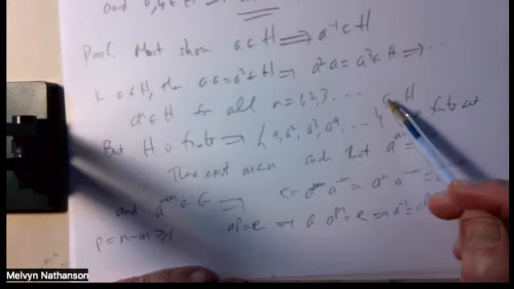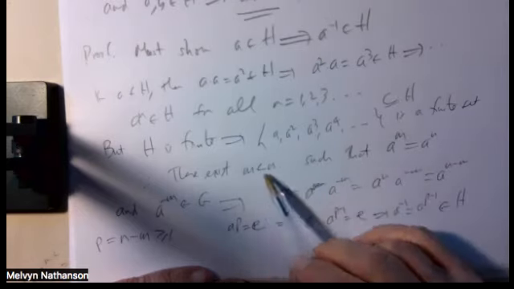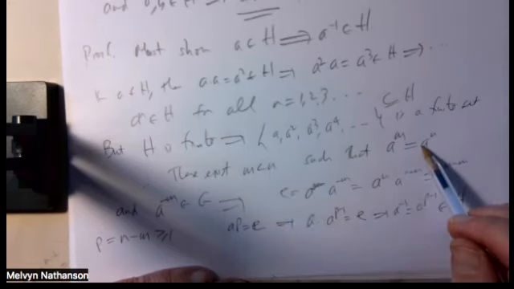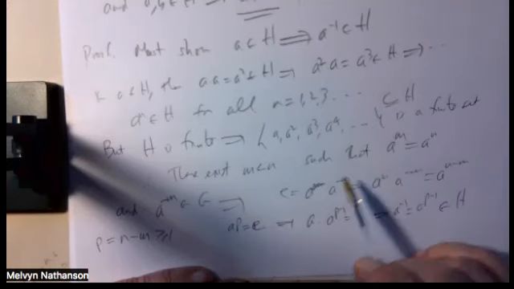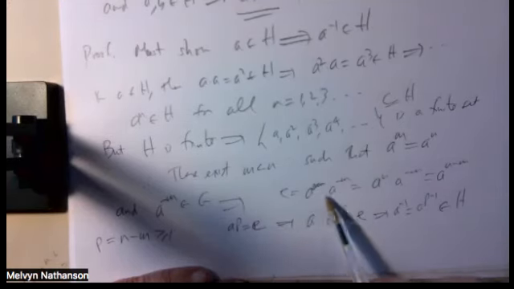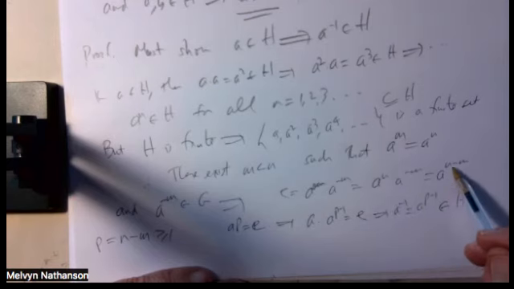But this looks like an infinite set contained in H, but H is finite. So these elements can't all be different. You have to have two different numbers, m less than n, where A to the m equals A to the n. So if you multiply by A to the minus m, you get A to the n minus m is the identity.